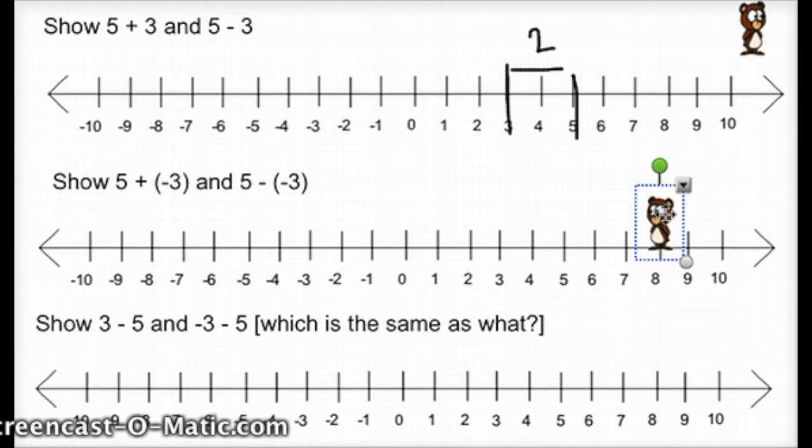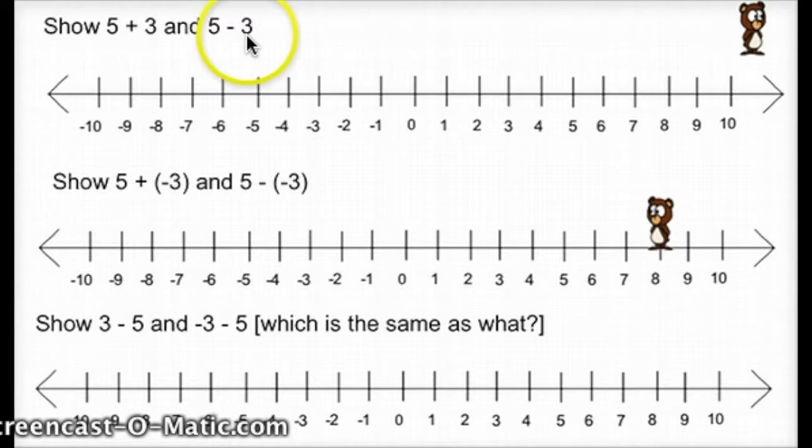This notion of looking forwards or looking backwards based on the operation, and then walking forwards or walking backwards based on whether the number is positive or negative, helps to show how a negative minus a negative can lead to a positive number.